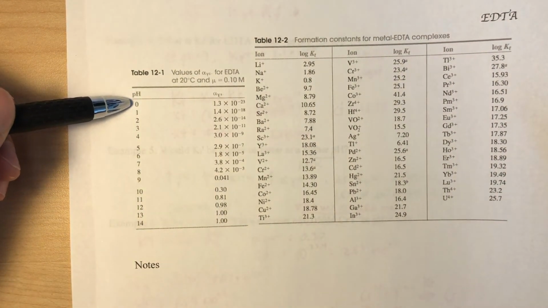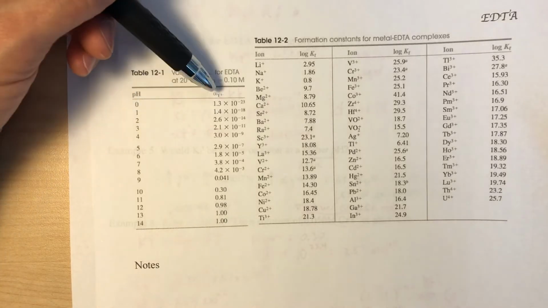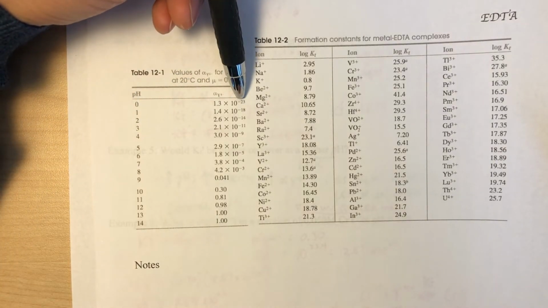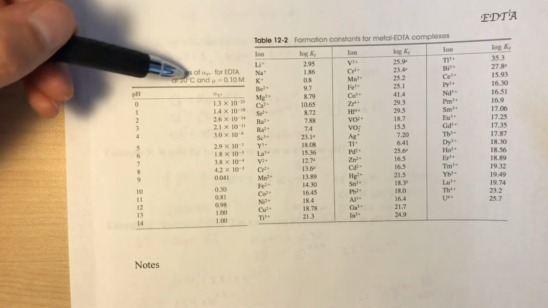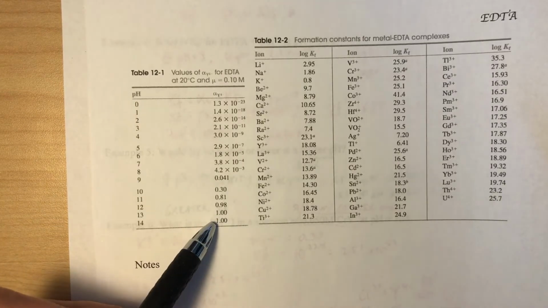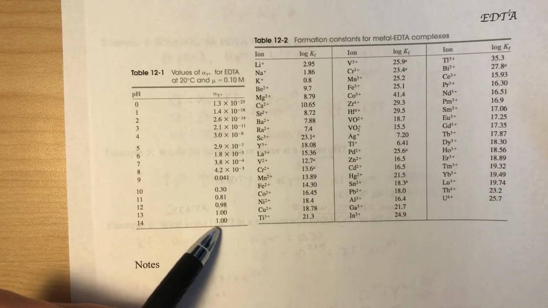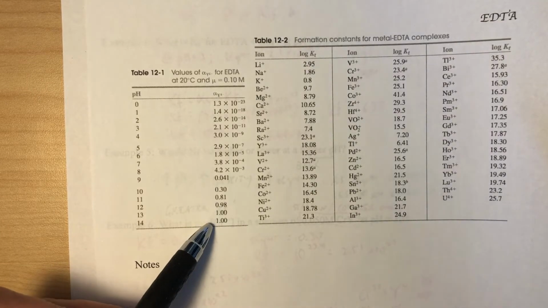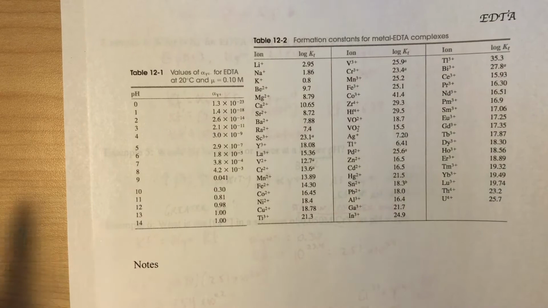At pH 0, very, very acidic, we have very little EDTA in solution. We have an alpha value, a fractional composition, that's equal to 10 to the negative 23rd, very small. But once we go up in pH to 13, 14, we have only EDTA Y4- in solution, so we have an alpha value that's equal to 1 when it is 100% the fully deprotonated form.